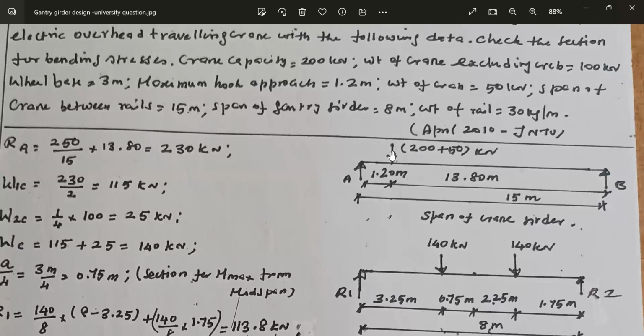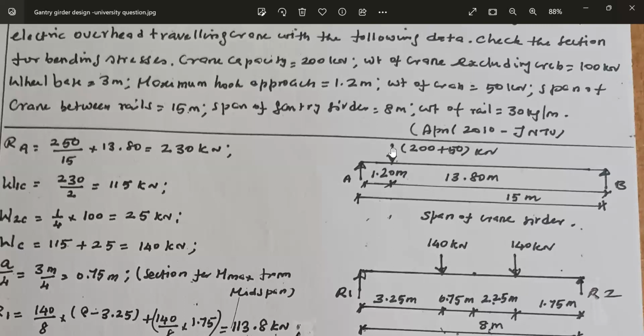Now this load lifted plus crab, that is 200 plus 50 kilonewton, can move closer to one column. There is a limitation. This distance cannot be 0. This distance is specified as 1.2 meter. It cannot move beyond this.